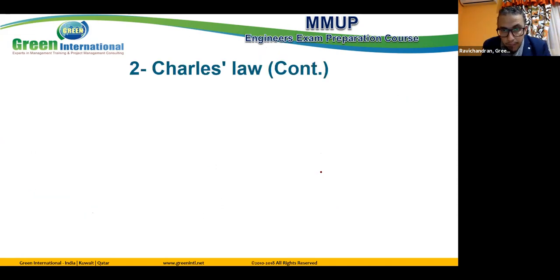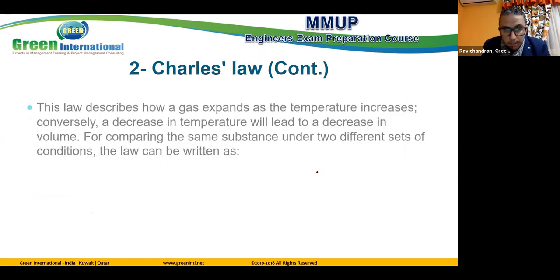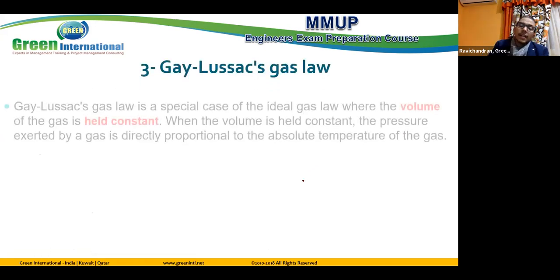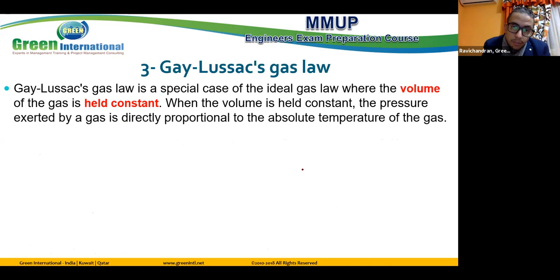Okay. What else? Gay-Lussac's is the last one. Volume constant. So what's remaining? Pressure and temperature. Pressure and temperature are directly proportional. P1 over P2 equals T1 over T2. Okay.